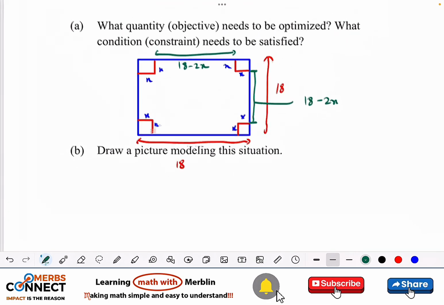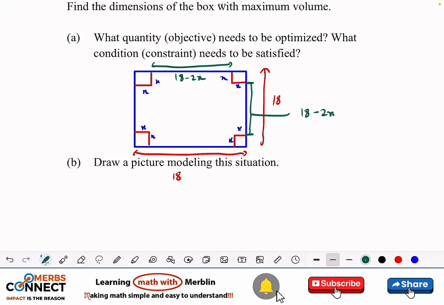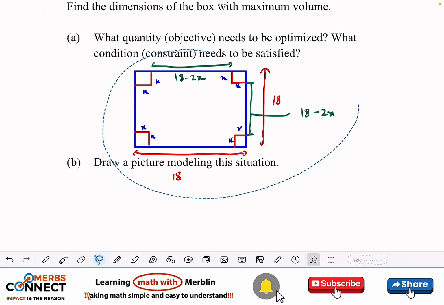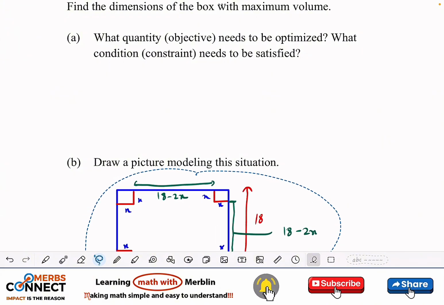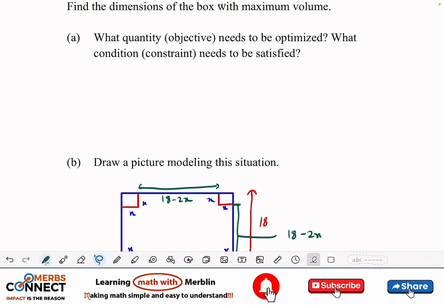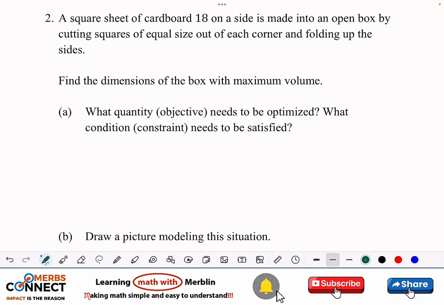So that is what we are going to get. I think I should have brought the picture down here. Good. But okay, let me talk about the objective. From the question, we want to maximize the volume of the open box. That will be our objective. What is the constraint here?